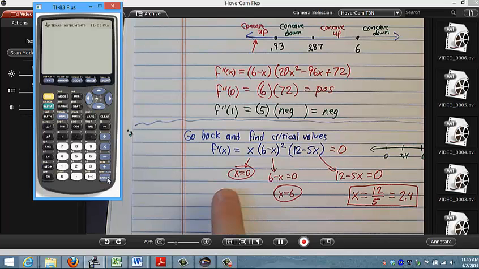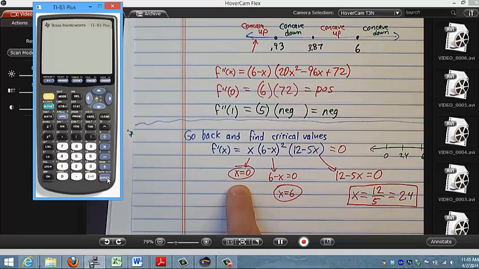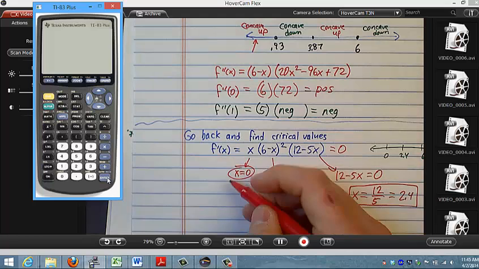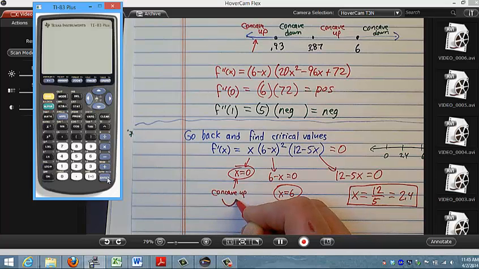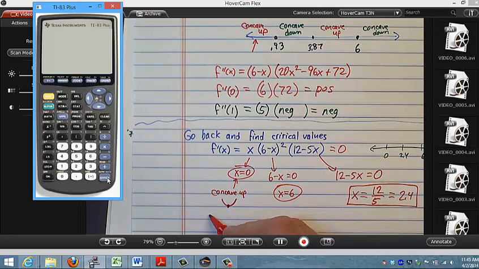X equals 0 is a critical value, right? We know that that critical value is concave what? This is concave up. That means it looks like this. So what kind of critical value do you think we have?